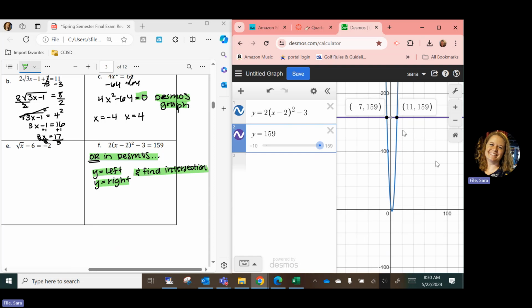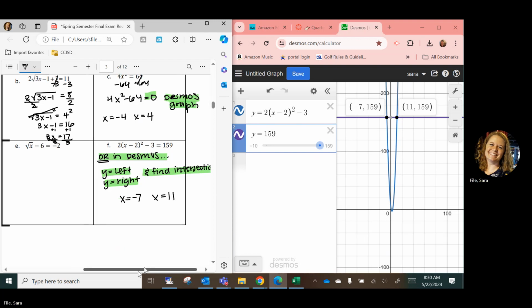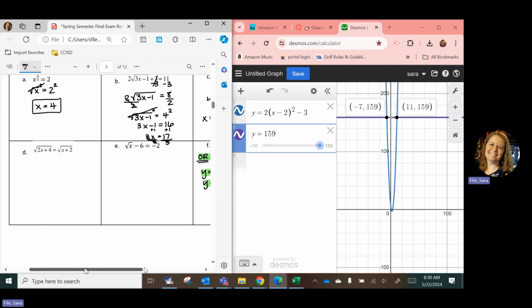That's at -7 and 11. And I have my solutions. It's easy enough, right? If y'all understand how to use Desmos, these questions aren't too tough at all.